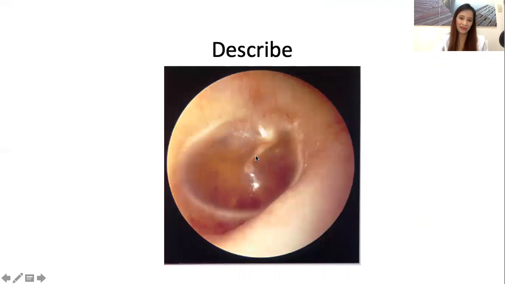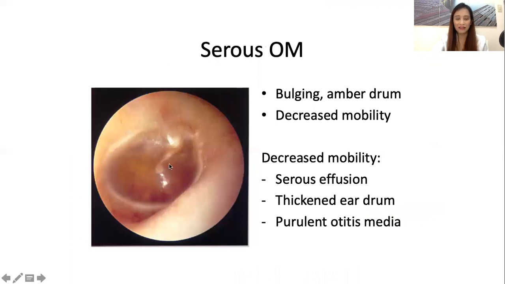Okay, you have your cone of light here, but look at the color behind the eardrum. Do you see something yellowish? I hope you see it. This is actually a serous otitis media. You will see a bulging, amber-colored eardrum. The amber color behind is actually a serous effusion.